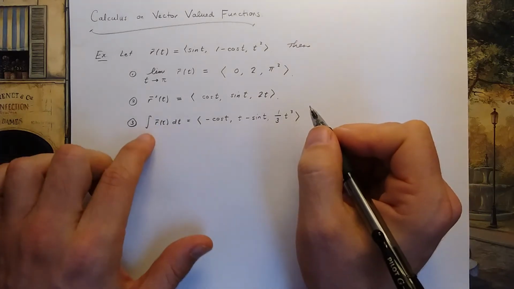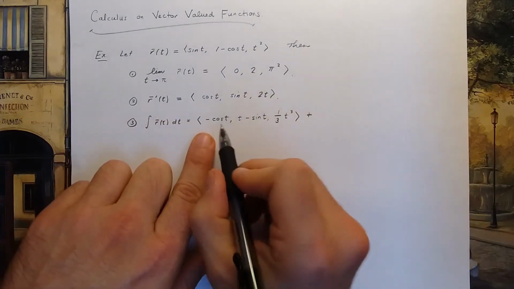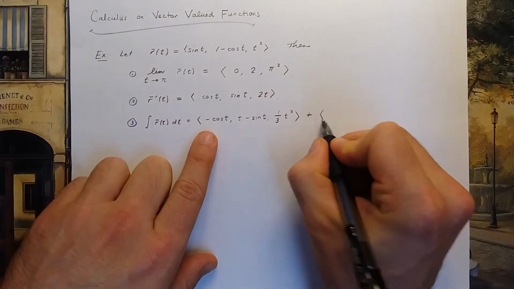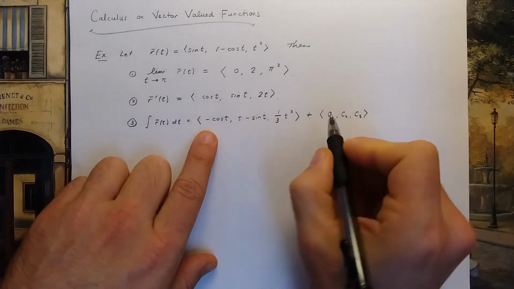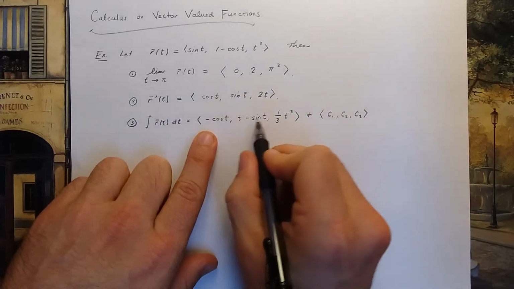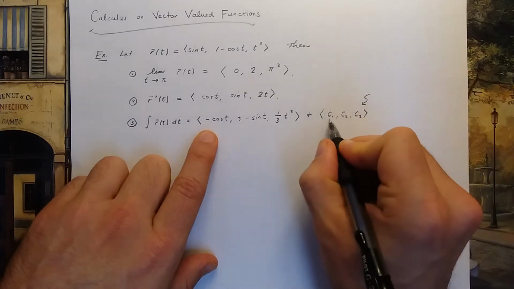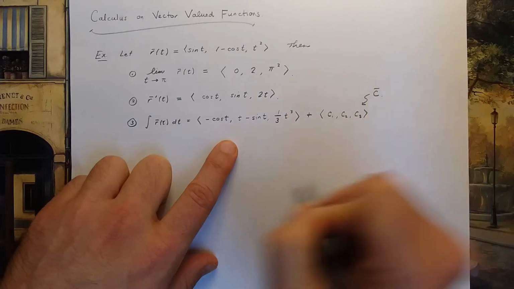Now when you have an indefinite integral, you have a plus C. This time, we're actually going to get c1, c2, c3, one extra constant from each of the 3 terms. So sometimes instead of writing this vector form out, we'll just write plus a constant vector.